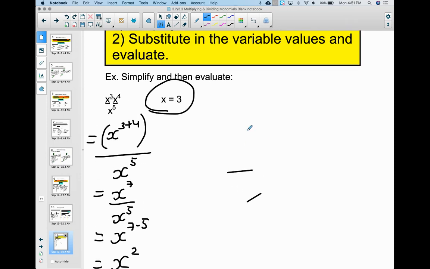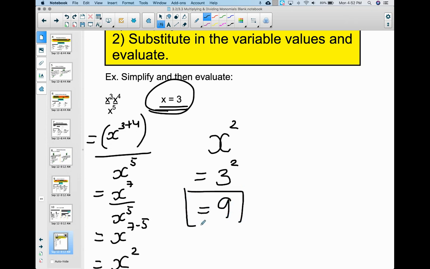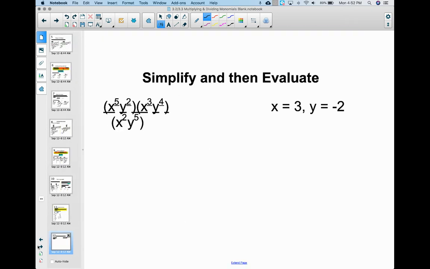And in this case, we know that the value of x is 3, so we substitute that in for the variable, and 3 squared is 9. Let's do one more example.